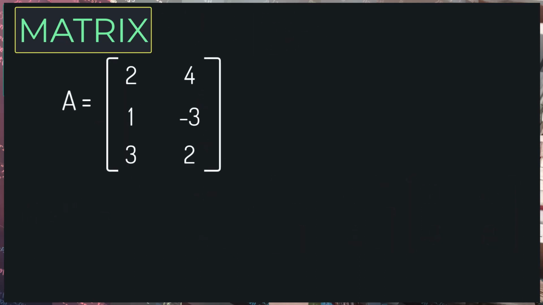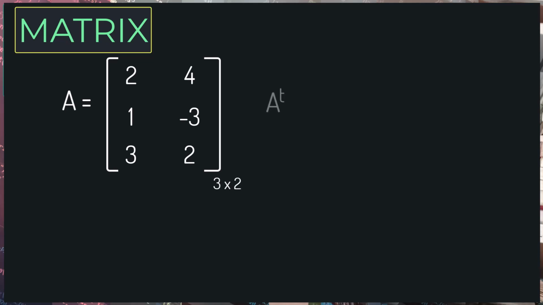Now suppose A is the matrix 2, 4, 1, minus 3, 3, 2. The question is, can we find the sum of A and A transpose? Note that the order of A is 3 by 2. Now let's see what is A transpose.